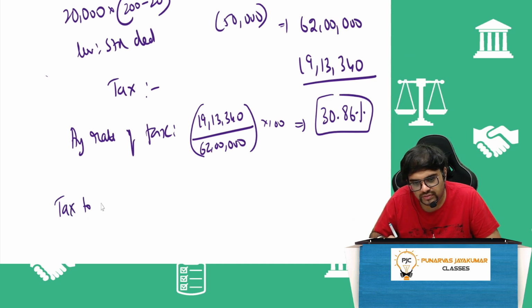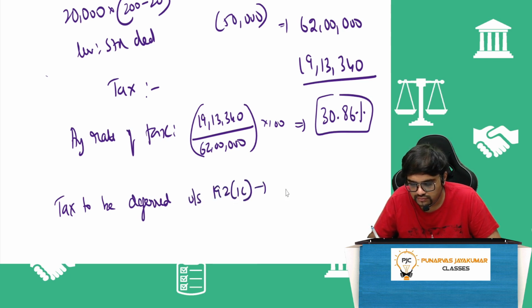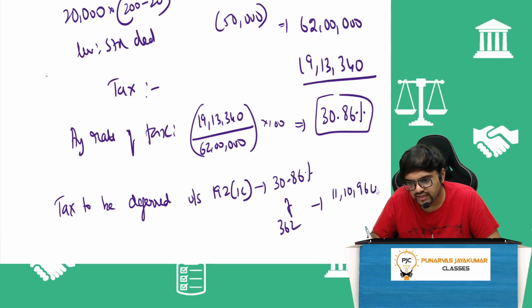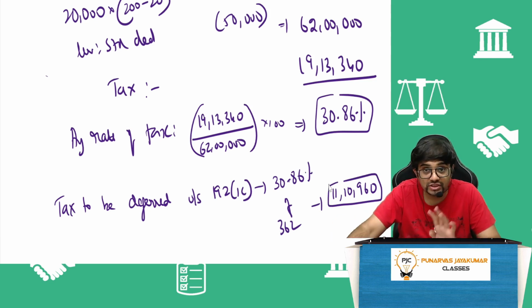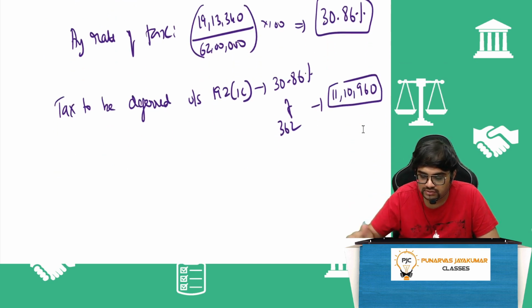So tax to be deferred under section 192 1C: 30.86% of 36 lakh. 11 lakh 10,960 is to be deferred. Average tax I should calculate. Actual calculation is like this.